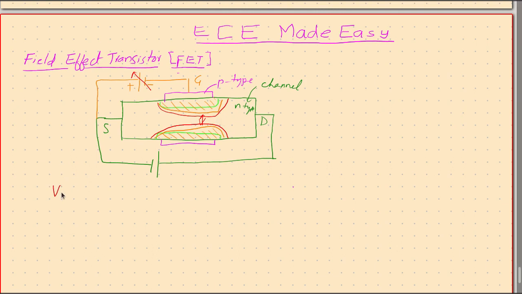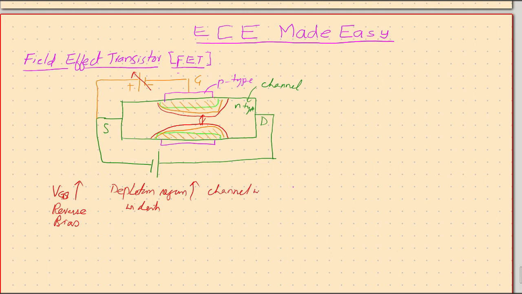So with the increase in reverse bias voltage between gate and source, the depletion region widens, that means increases. Because of this, the channel width decreases and current carrying capacity is reduced, therefore current flowing reduces.